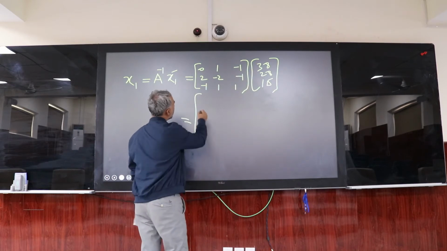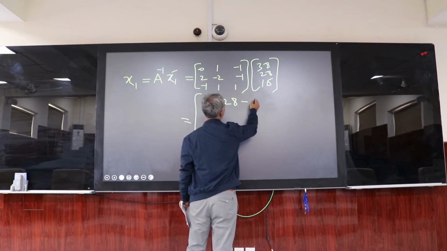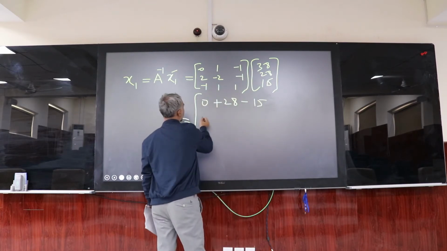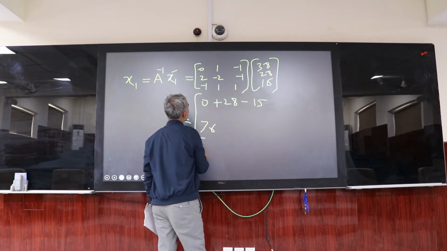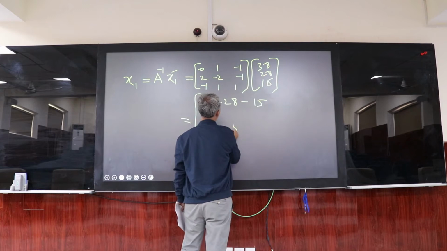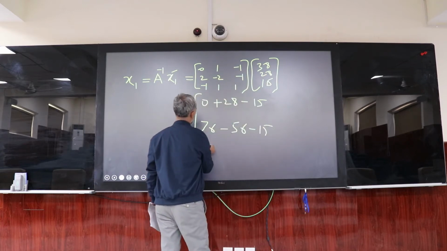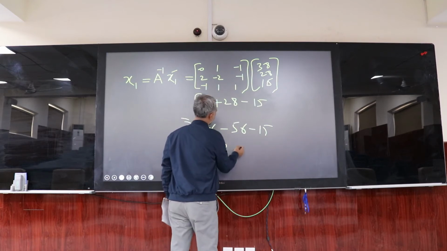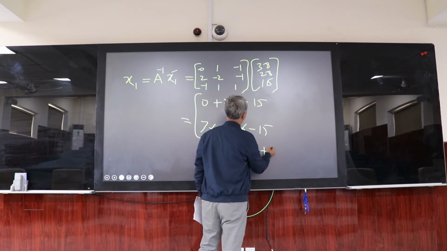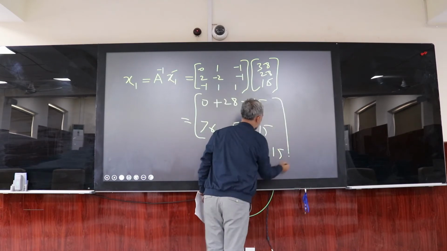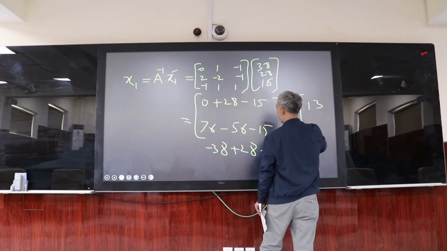Evaluating it further, 0 plus 28 minus 15, and here 76 minus 56 minus 15, so minus 38 plus 28 plus 15, you will get 13.